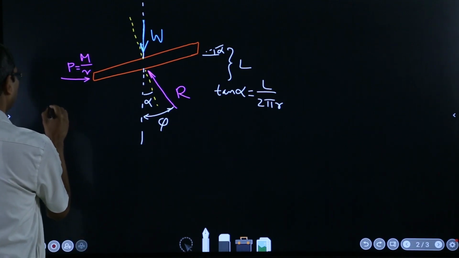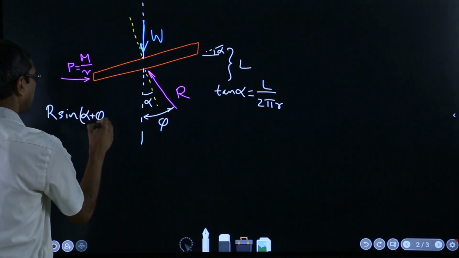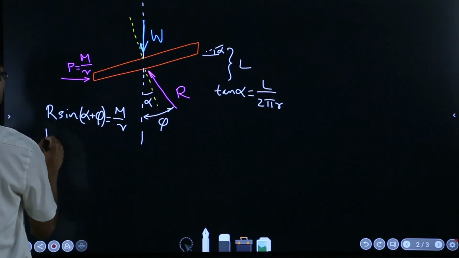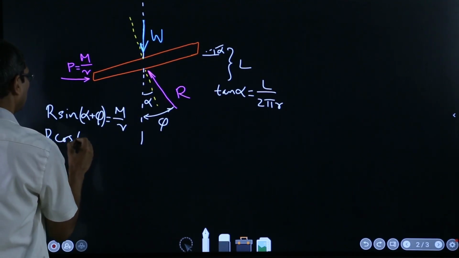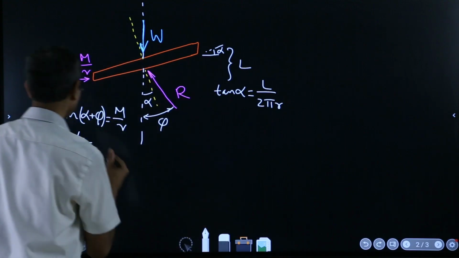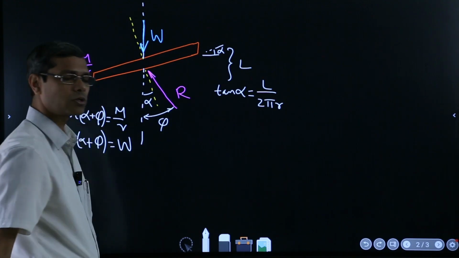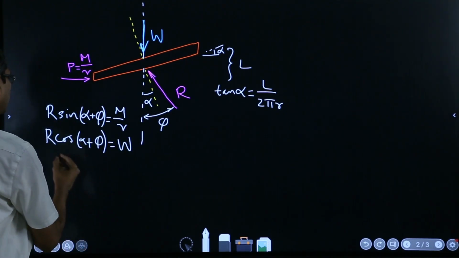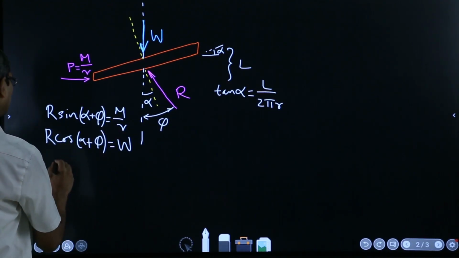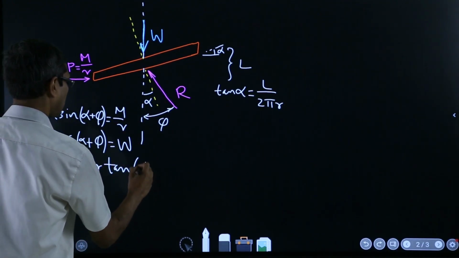So R sine of alpha plus phi is equal to this M over r, and R cosine of alpha plus phi is equal to W. Okay, so the force balance in two directions, x and y, straight away gives us again the same relationship, that M is equal to W r tangent of alpha plus phi.